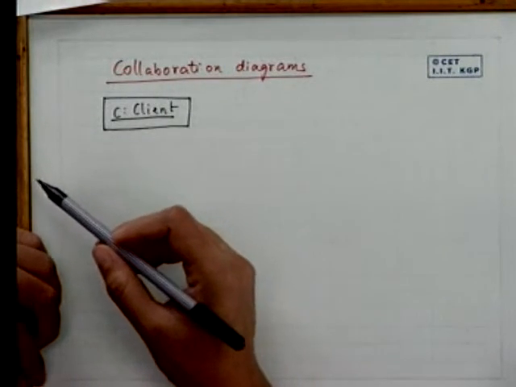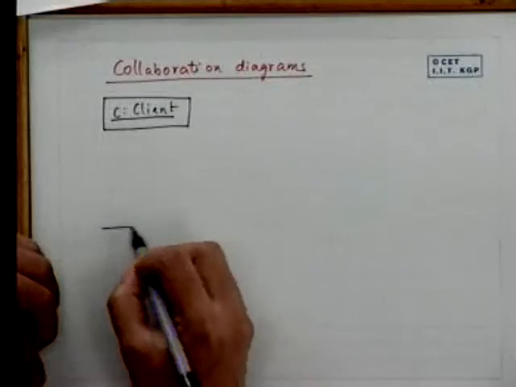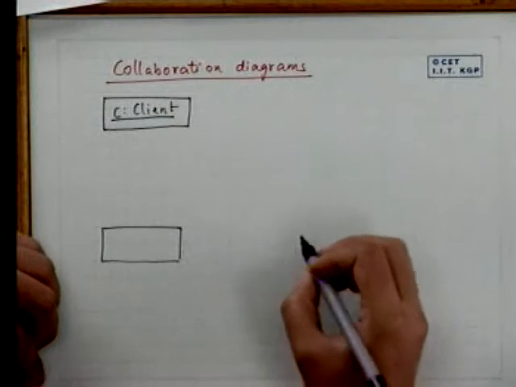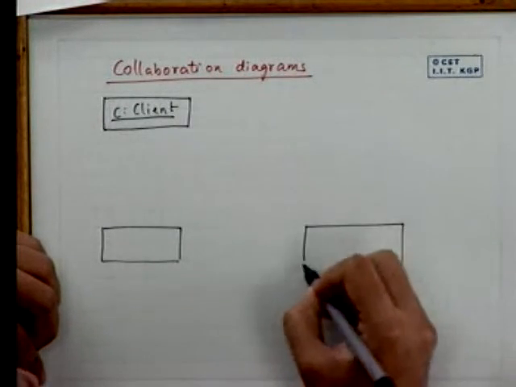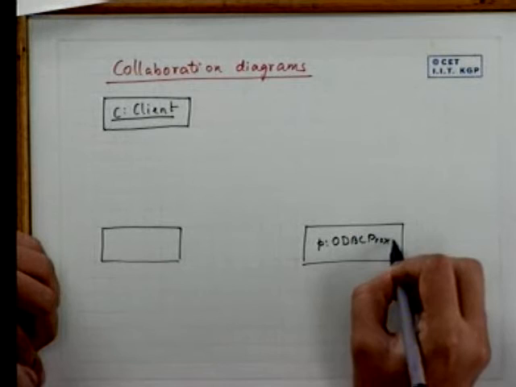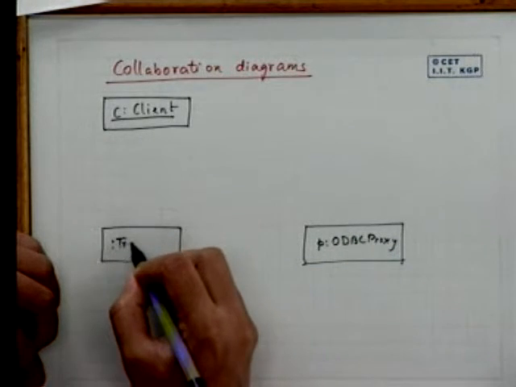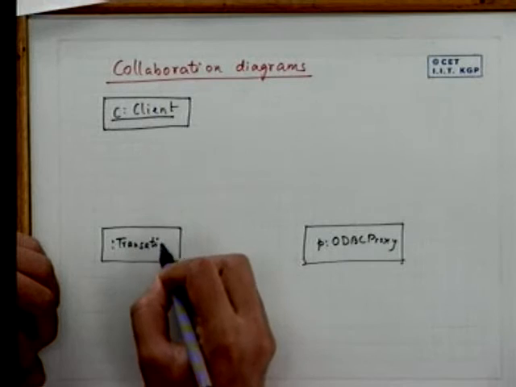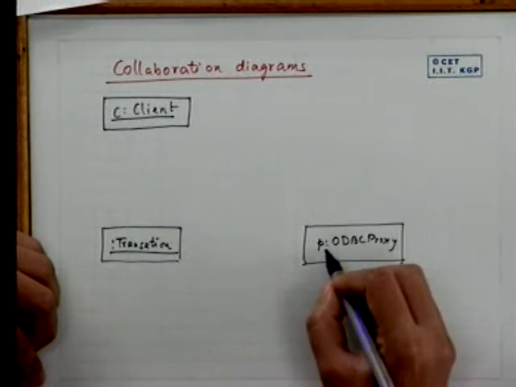Let us try to model the same system that we did earlier with an interaction diagram, now with the collaboration diagram. The different objects that take part in the interaction are the client, the ODBC proxy, and the transaction. In this collaboration diagram, we have to construct a graph, and the objects that take part in the interaction are placed as the vertices of the graph.